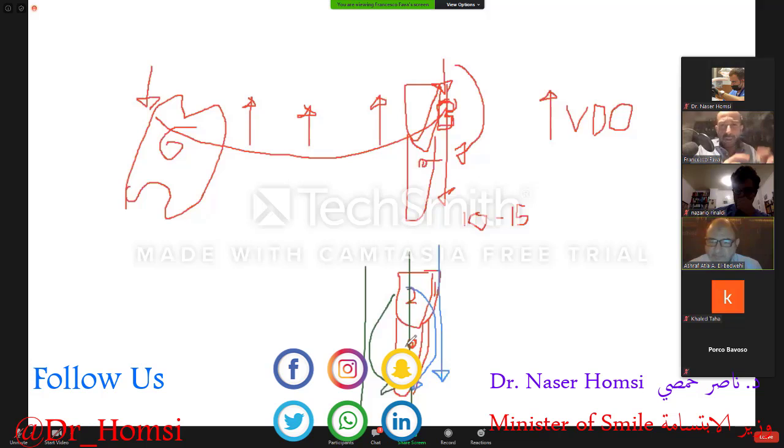Yes, in that specific case, I was scared I could flare the incisors too much, so I decided to make the ligation. But the concept, the idea, is the line of action of the force with respect to the center of resistance.